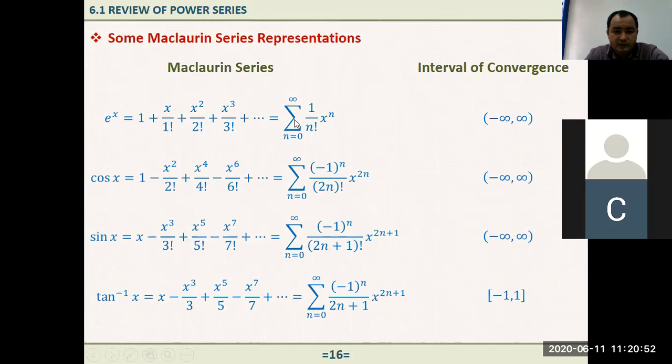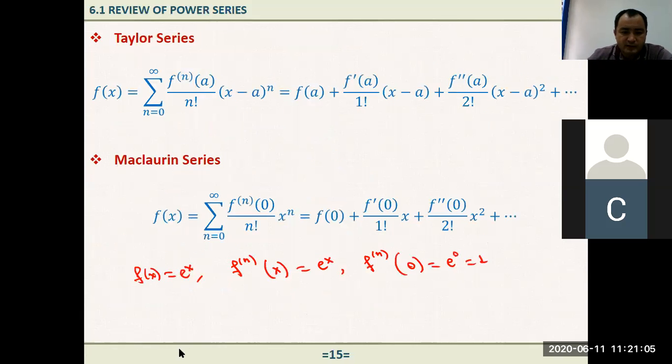If we evaluate x to the power n plus 1 over x to the power n, using the ratio test and finding the interval of convergence, we have the absolute value.